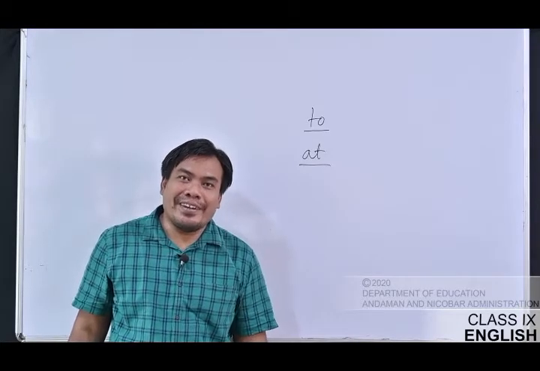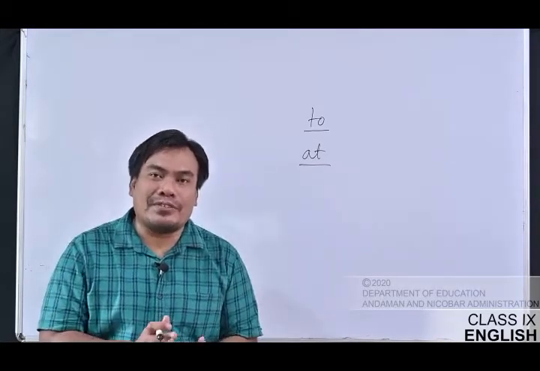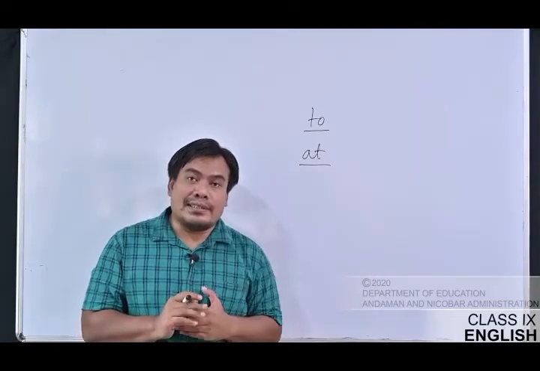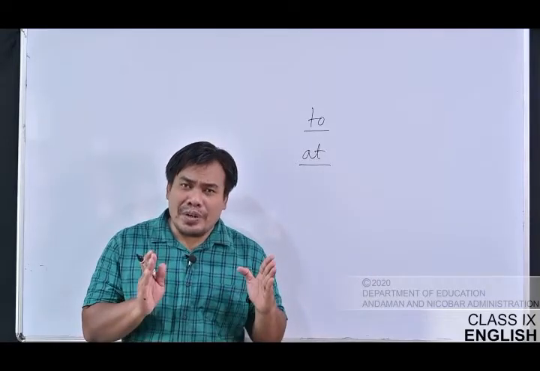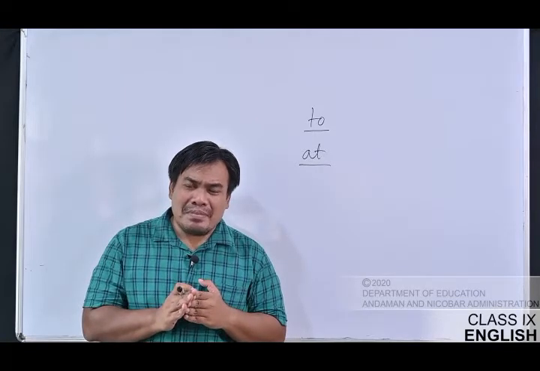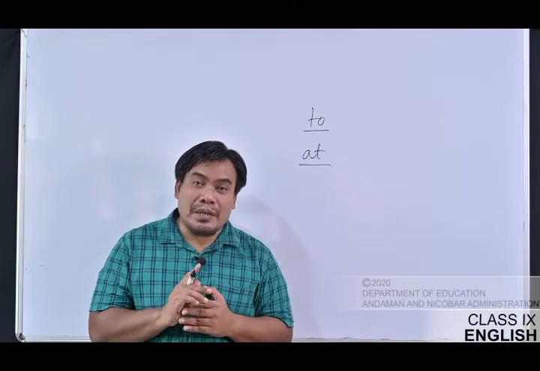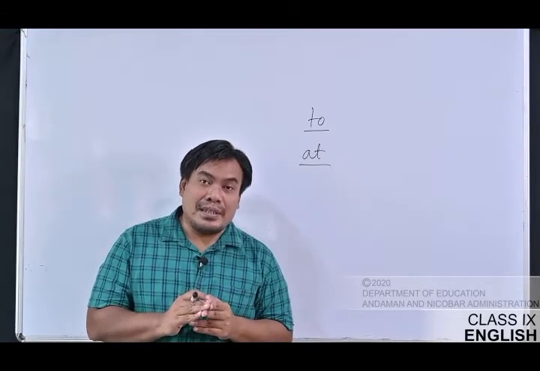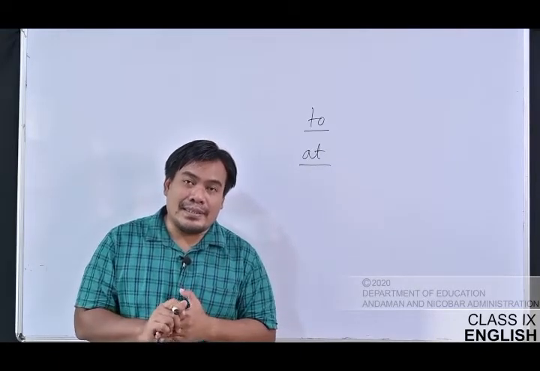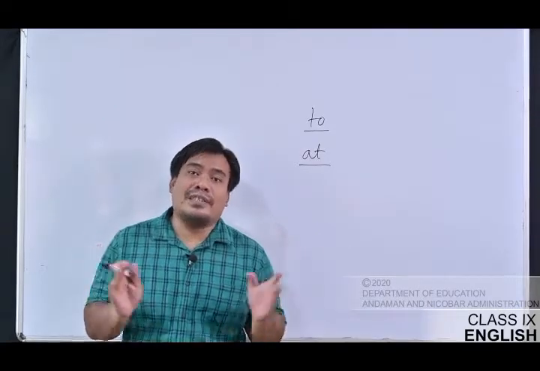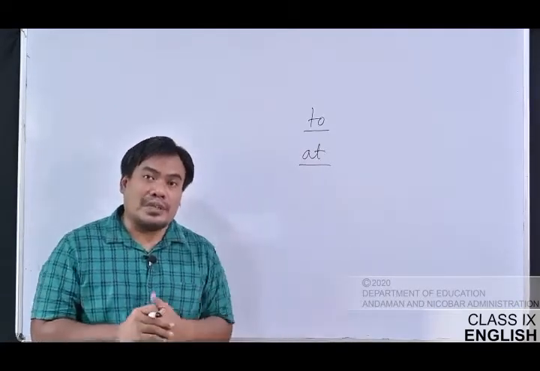You're getting my point? Yeah, this is how we have to make sense while we are using those prepositions in the sentences. So make sure that whenever you are using them, speaking them or writing them, be careful. Okay, don't make mistakes, because it matters a lot, and it's going to make a lot of changes whenever you commit those mistakes.